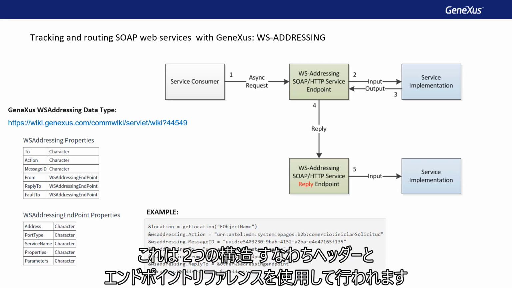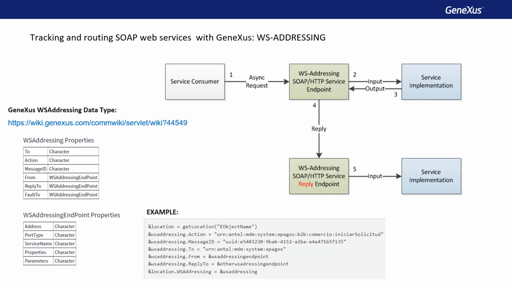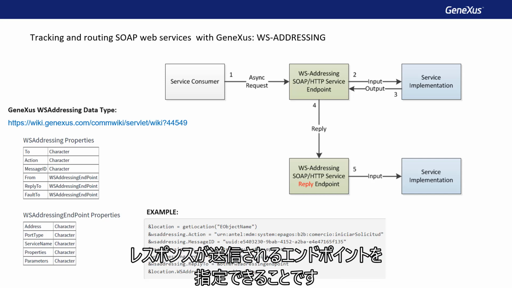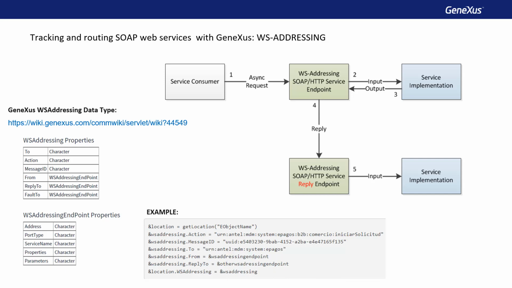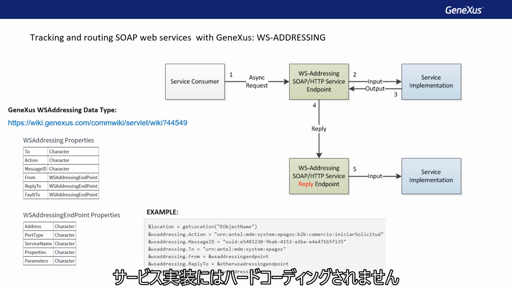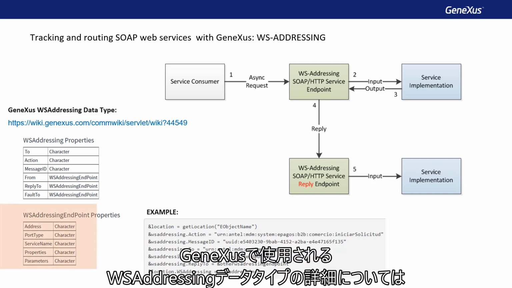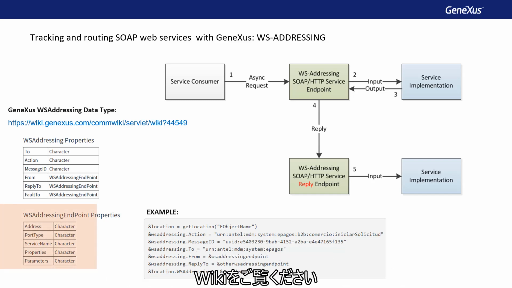This is done using two structures, headers and endpoint references. The power of WS addressing is that the service consumer can specify to which endpoint the response should be sent. It's not hard-coded in the service implementation. Instead, it's specified by the consumer. Information on the WS addressing data type used by GeneXus can be found in the wiki.